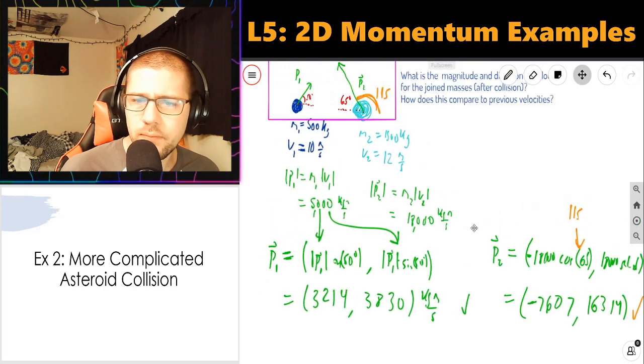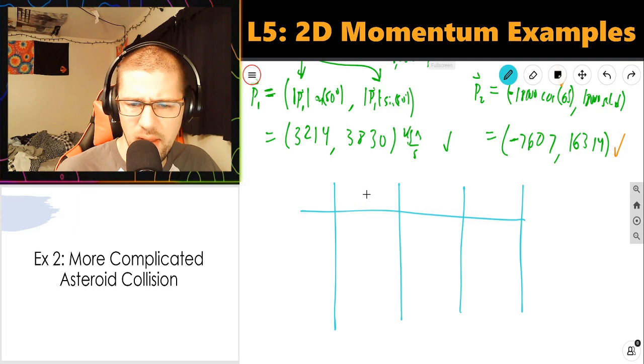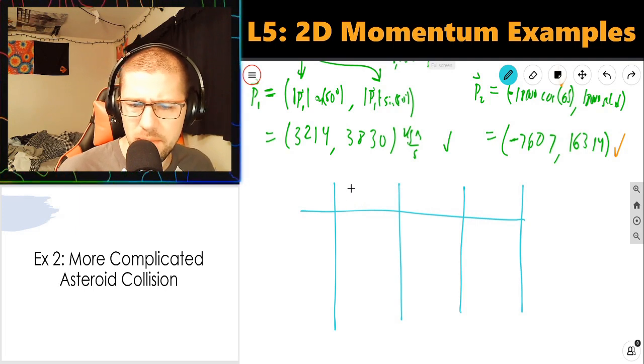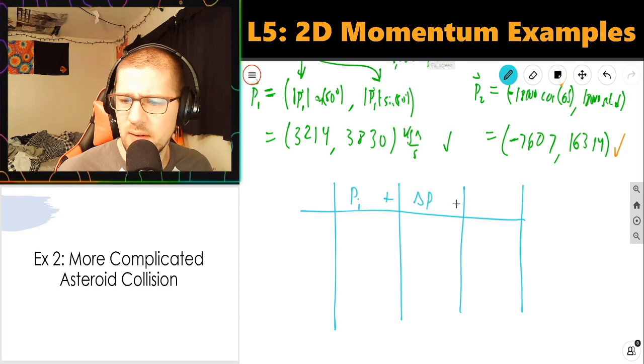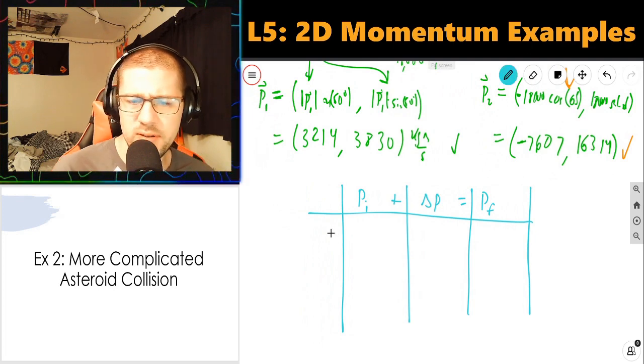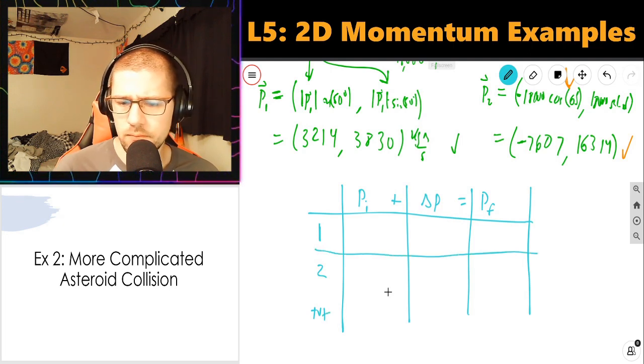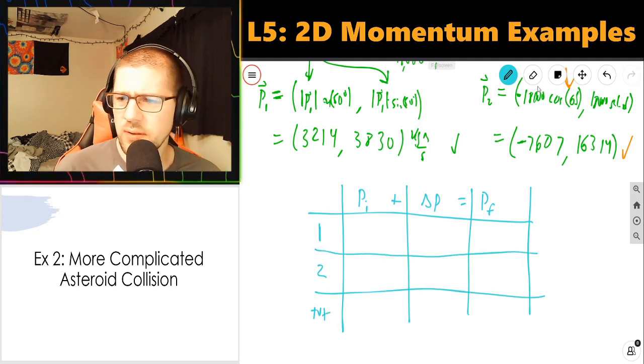So I trust that. If I were to draw this as a momentum chart, I could. Let's do that. I'll have that P initial plus delta P equals P final. Sweet. The initial momentum for the first asteroid, 1, 2, and total, points up and to the right.